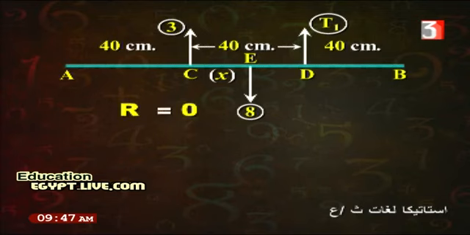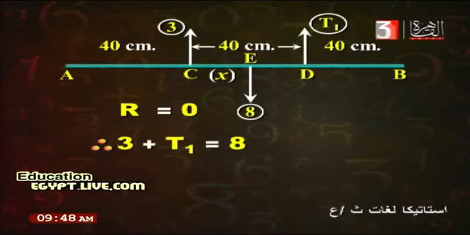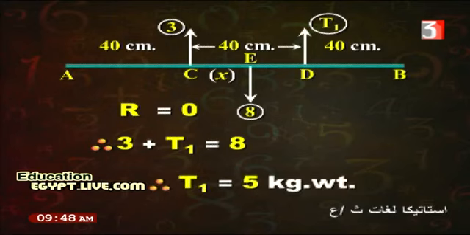The summation of R, or resultant of all forces, must equal 0. Therefore, 3 plus T1 equals 8. The value of T1 equals 5 kilogram weight.